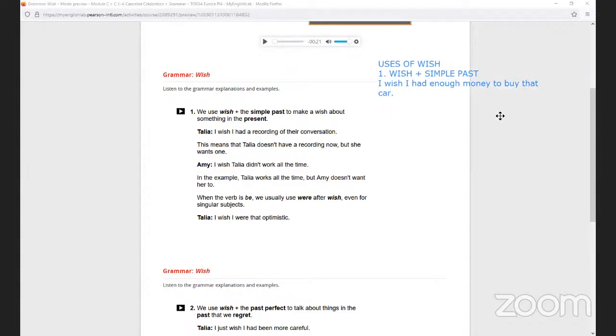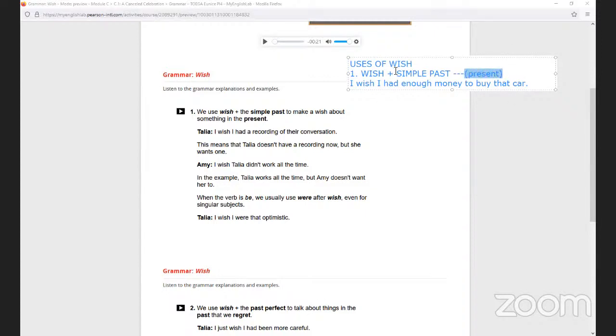Okay, so what does it mean? That I myself in the present am walking around the street and I see a beautiful car and I say, oh, I wish I had enough money to buy that car. So this is my wish, but this wish is expressed in the present, for this present.